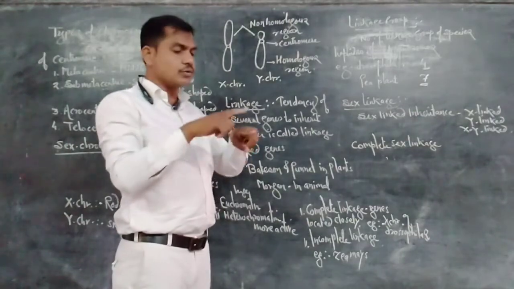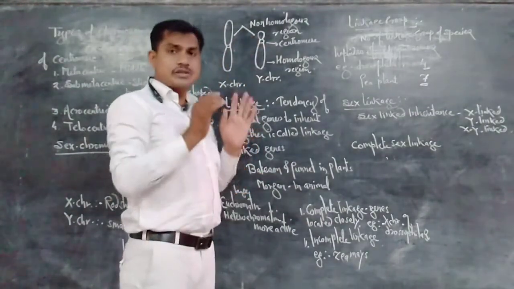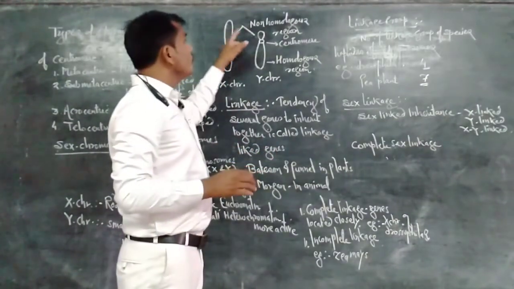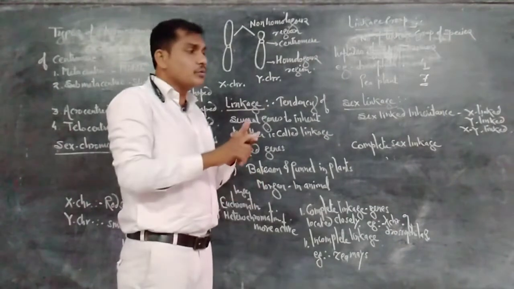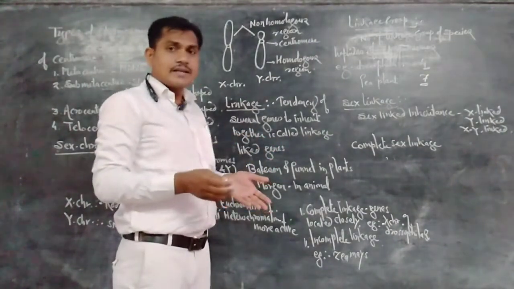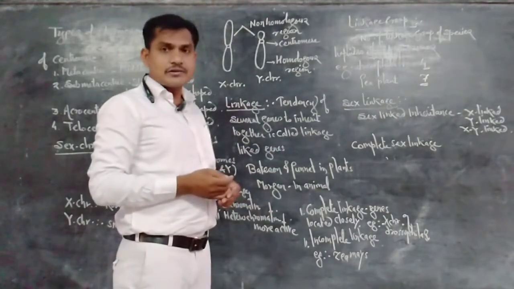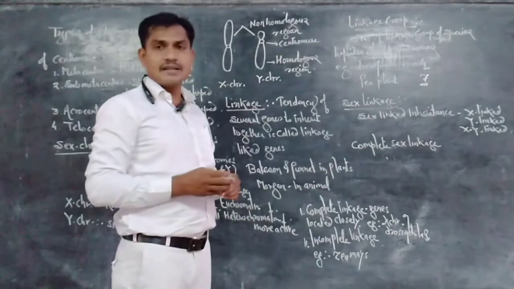During meiosis there is no crossing over in the non-homologous regions of the sex chromosomes, so these genes are forwarded together from parents to offspring. Such linkage is called complete sex linkage.